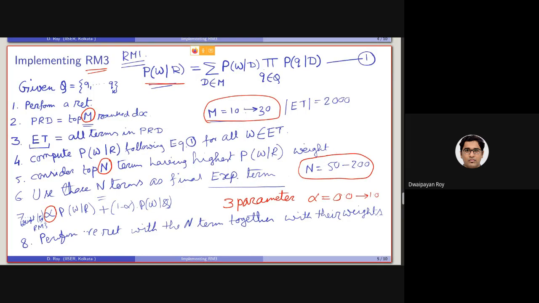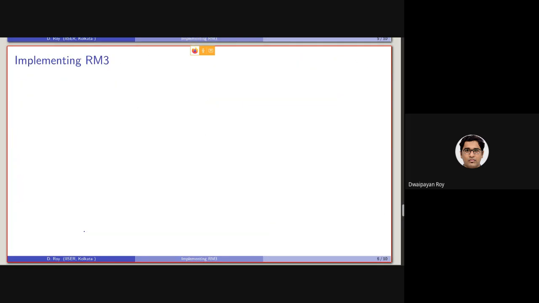All right. Now how will we be implementing this RM3? So let's just write a function, a very brief function. Define, say, RM3 term selection, the name of the function.